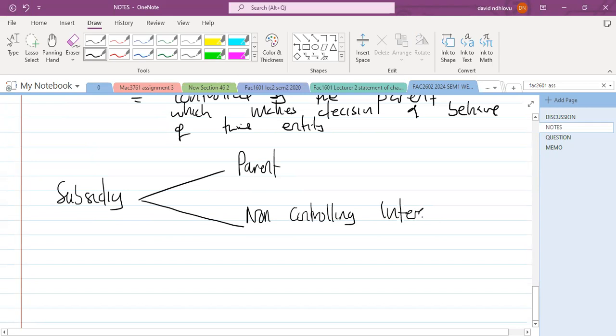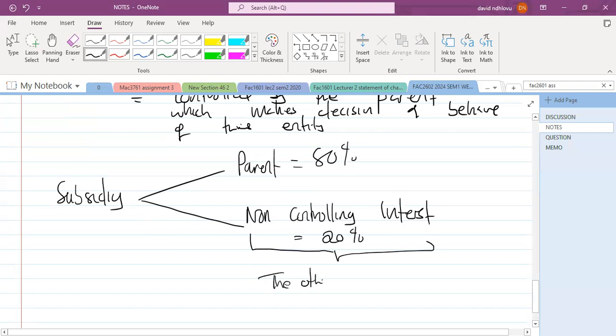If the parent is having 80% shareholding perhaps, then it will mean that the non-controlling interest have a shareholding of 20%. So the non-controlling interest here references the other shareholders in the subsidiary who do not have control.